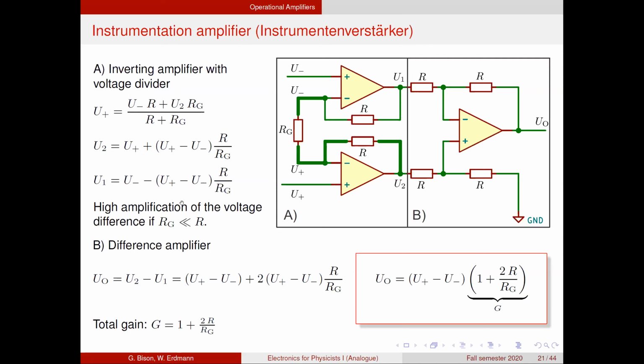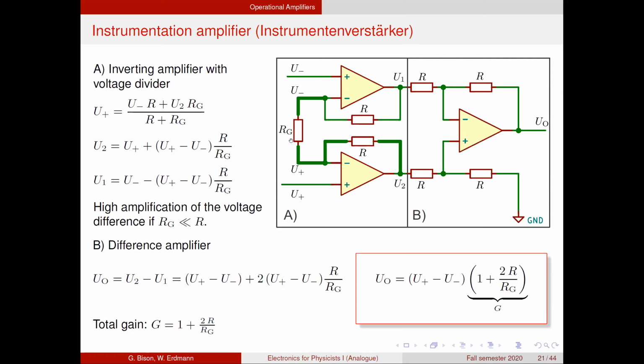And then twice, because they have opposite sign, the difference of the input voltages scaled with the gain factor. And well, putting this in a nicer form, you see that the output voltage is proportional to the difference of the input voltages with a gain factor that has this 1 from the copies, and then this part which depends on the gain resistor.